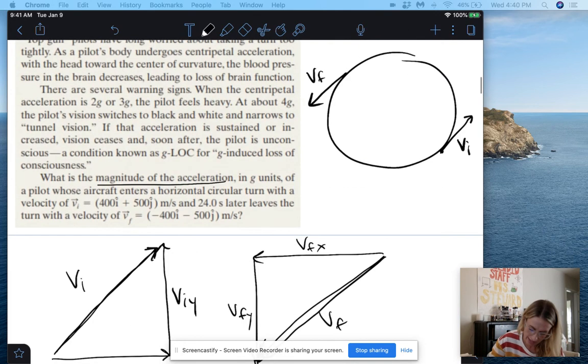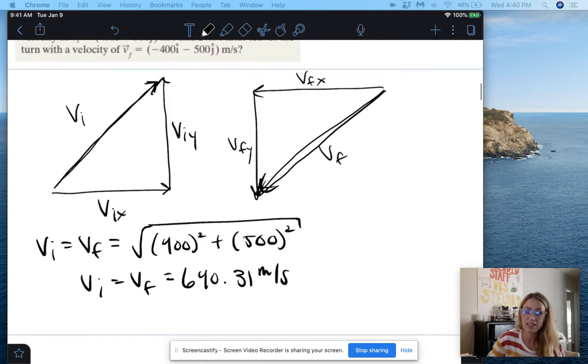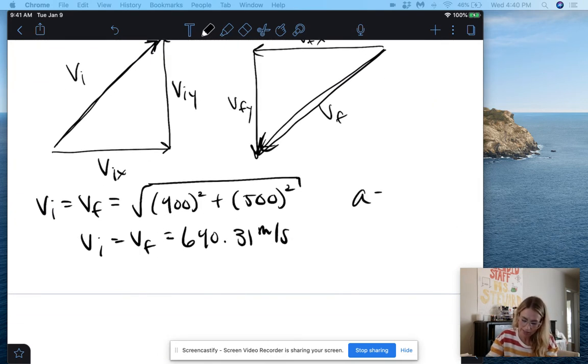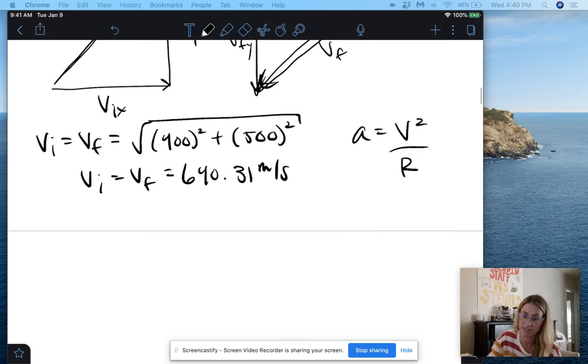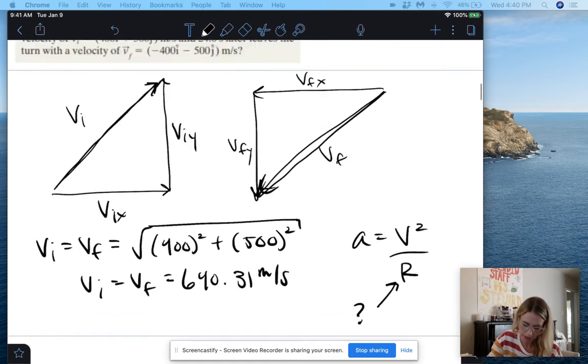So the question is asking us for the magnitude of acceleration in g units. So if we look at the acceleration equation, we get acceleration is equal to v squared over r. And remember, this is centripetal acceleration because we are moving in a circular path. So we know velocity now, but we don't know radius. So in order to find that, we have to see what else we're given.